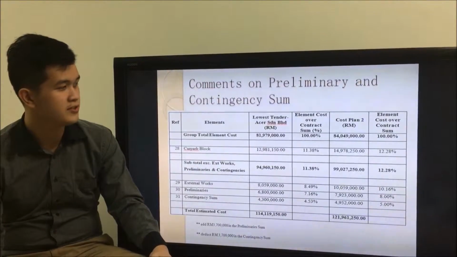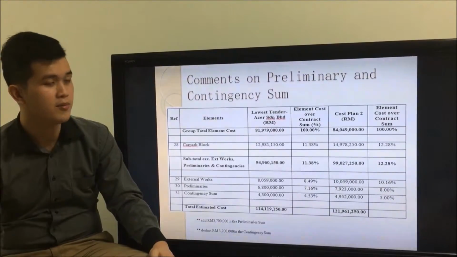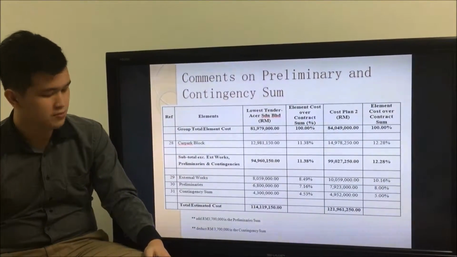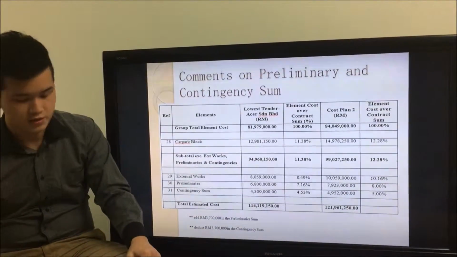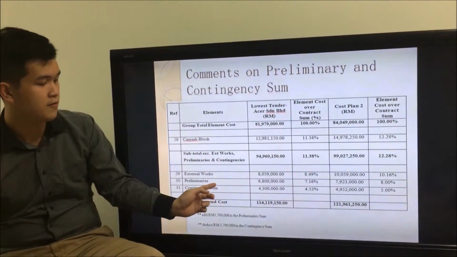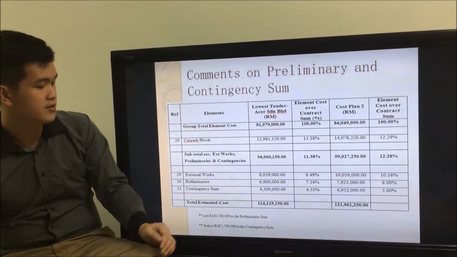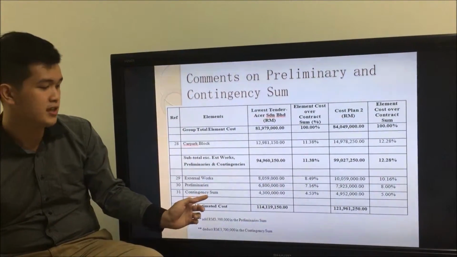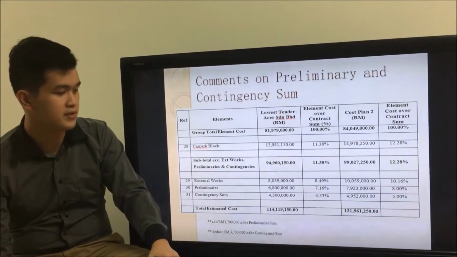Okay, now based on this table, it is advisable that Acer Sdn Bhd make some adjustment in the tender sums, with an increase of 3% of preliminaries to approximately 8%, as well as a further reduction for contingency sums from 8% to around 5%.